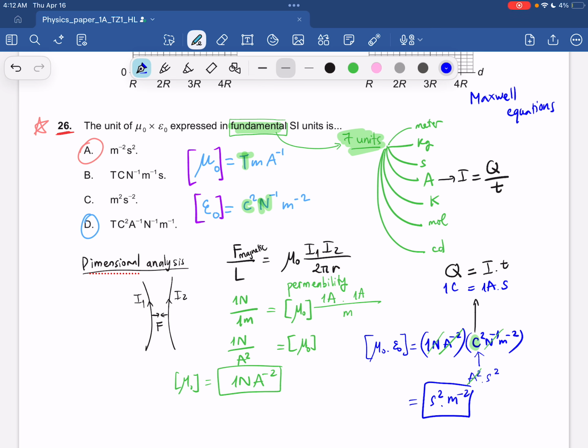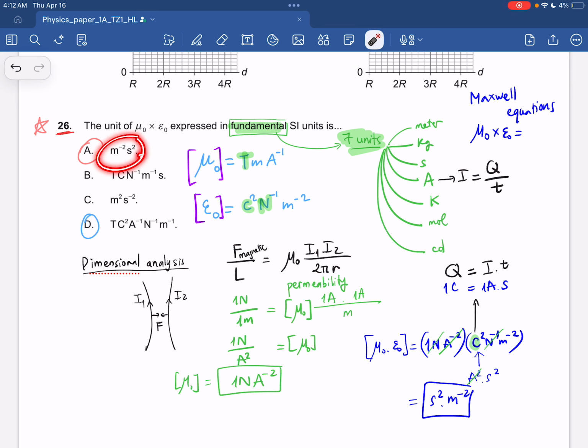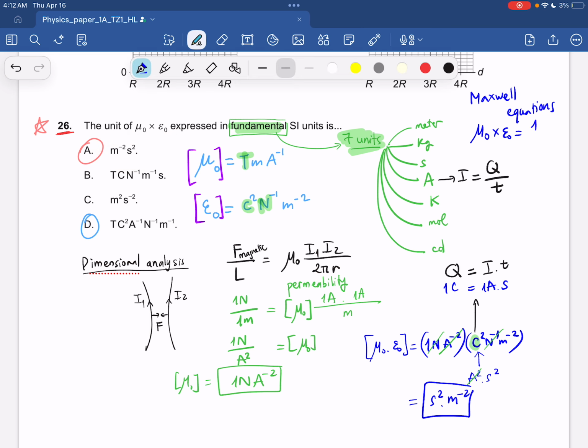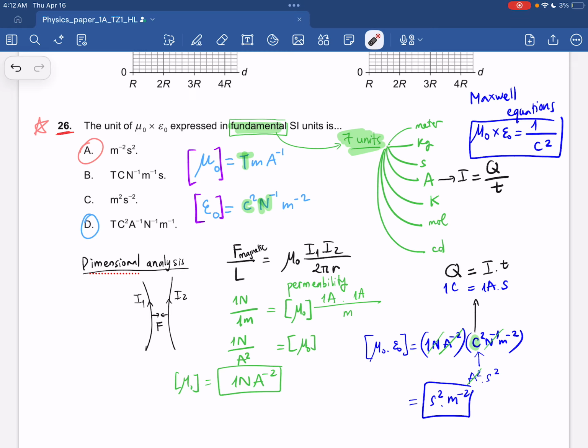In that, you will learn that mu naught times epsilon naught equals, can you guess? Do you realize that this is actually just the inverse of the unit of speed squared? Yes. So actually it equals the inverse of the speed of light squared. It's just some extra information for you.